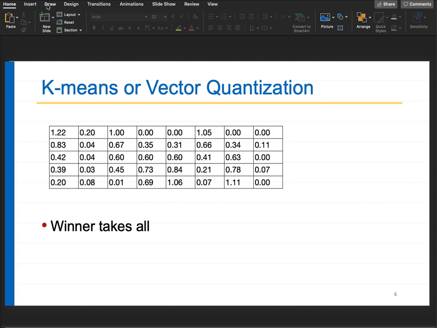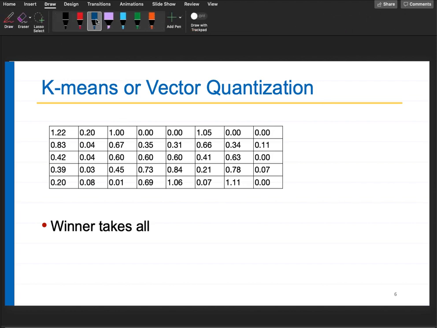Let me show it pictorially to make more sense. Let us say you have got 8 data points, something like this. This is in higher dimension; I'm showing it in 2 dimensions just to simplify your visualization. Let us say I take this as my one data center, this as my other data center, and I represent each point with the data center only.